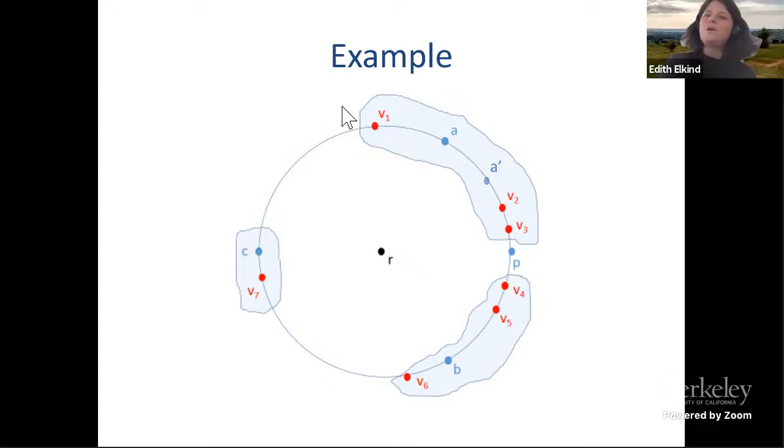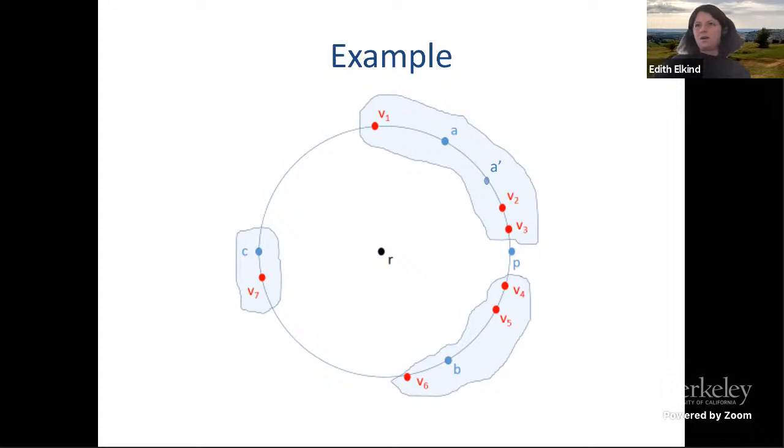This will be helpful. Let's look at this example. We have the reality, the status quo, in the center. Think of it as a metric space in R^d. We have a bunch of proposals, A, B, C. The proposals are in blue, the agents are in red, and this is the current coalition structure.